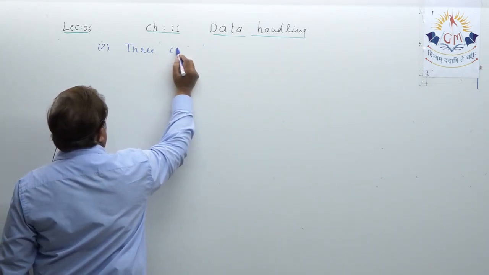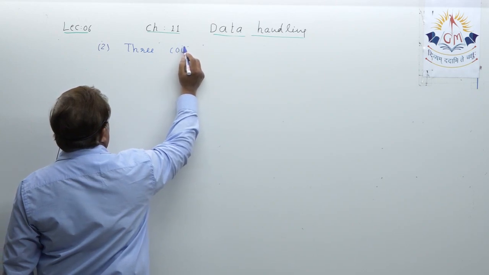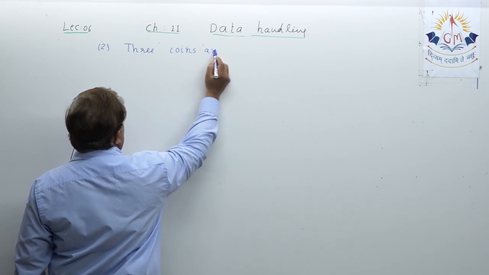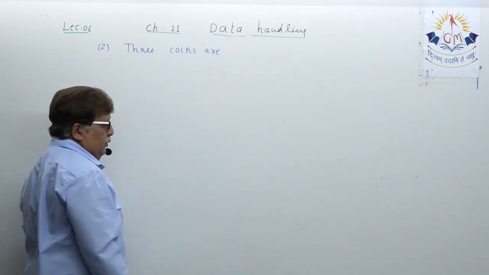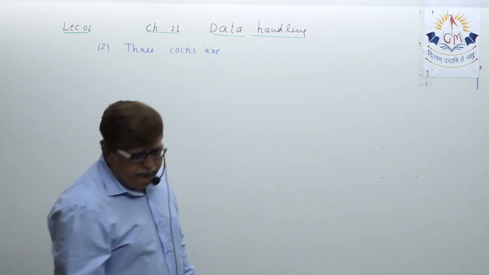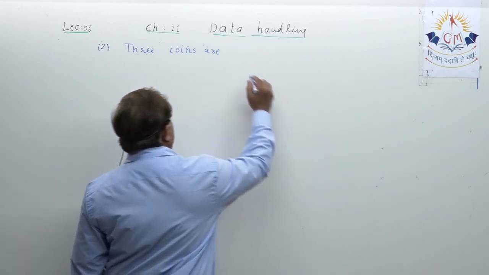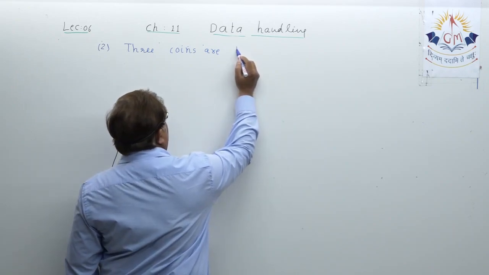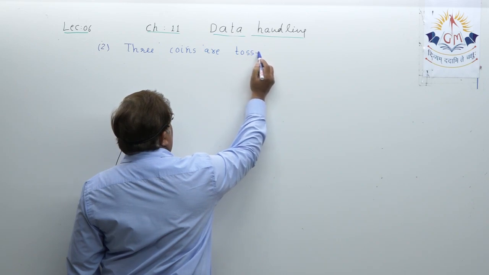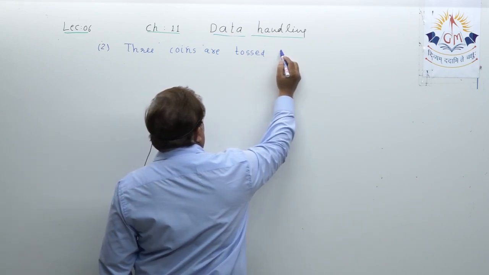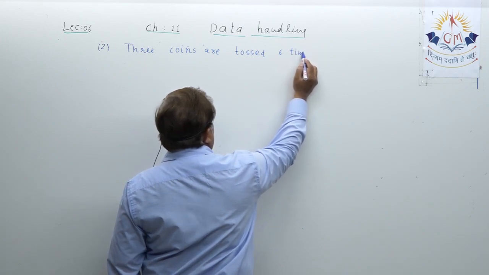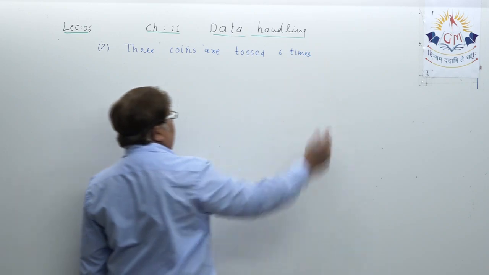Just write down the sum with me. Three coins are tossed six times.